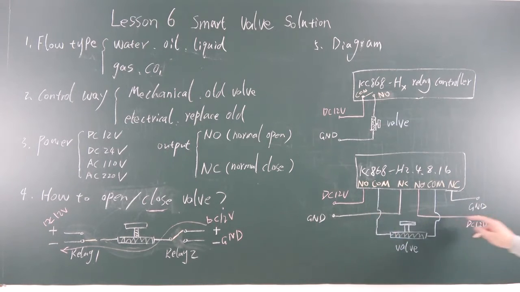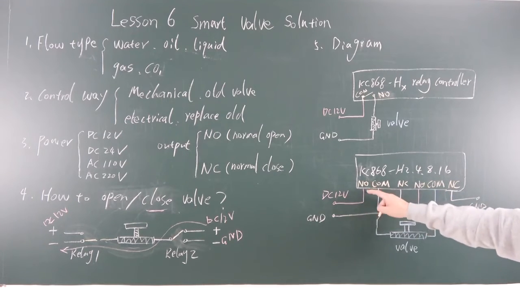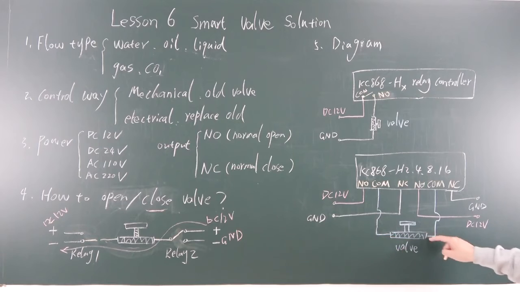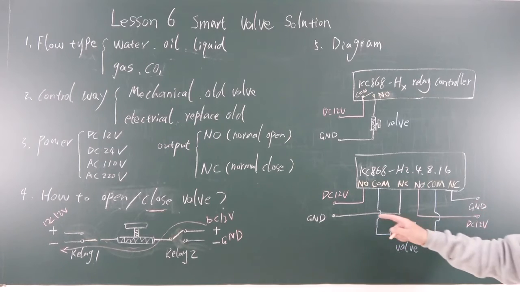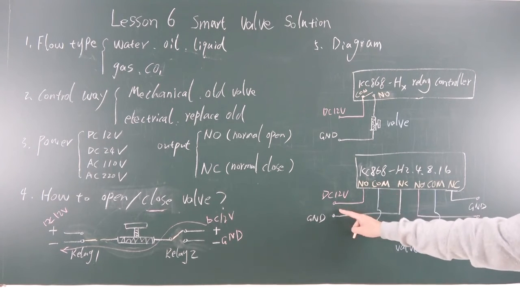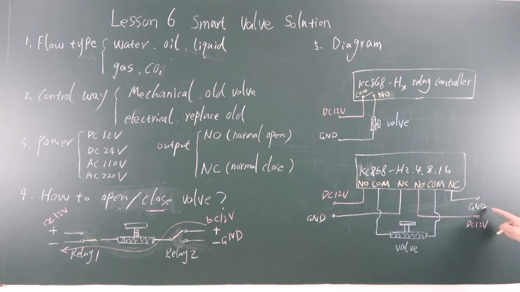Also we connect the ground with the NC, and the DC 12 with normal open. The two COM points all connect with the valve. So this can control relay 1 on and relay 2 off, so you can let this valve open, and with relay 1 off and relay 2 on, the valve will be closed.